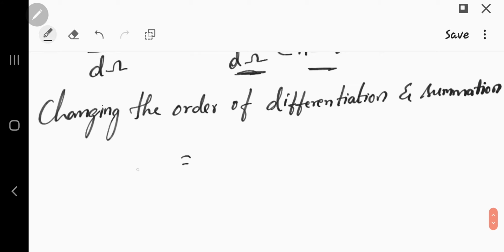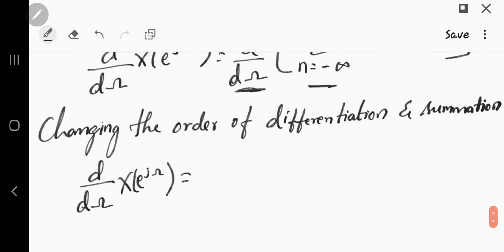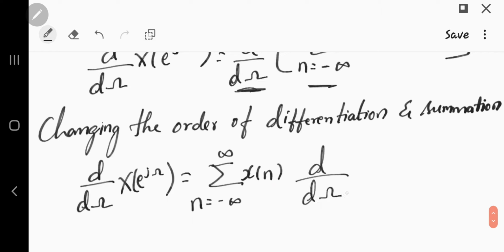So what do we get? We get d by d omega X of e power j omega is equal to, first writing the summation, n equals minus infinity to plus infinity of x of n times d by d omega of e power minus j omega n.